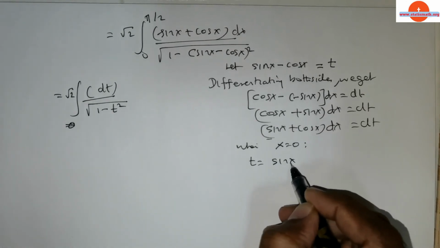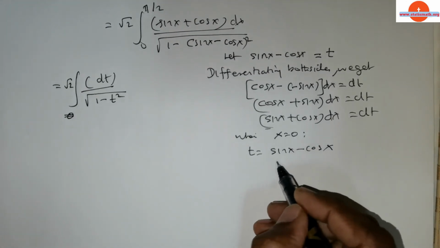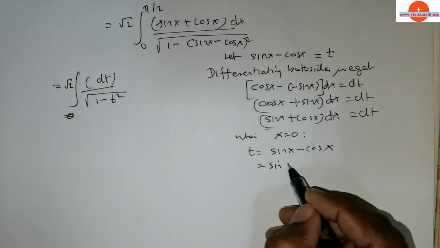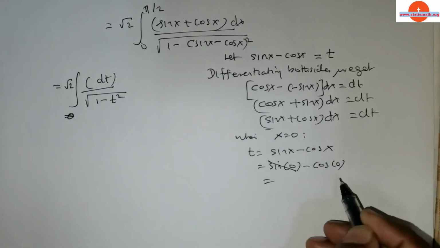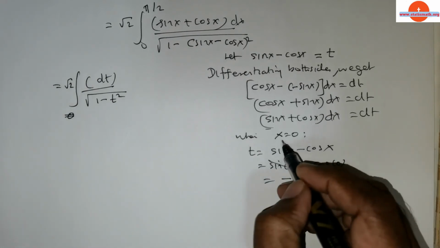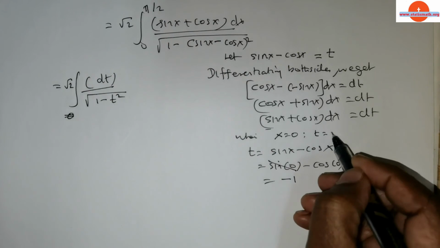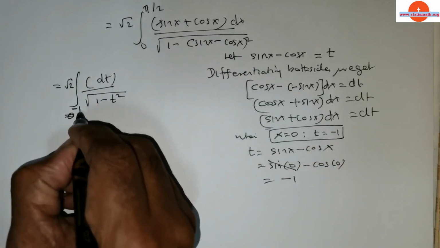T is actually sine x negative cos x, right? So substitute x is equal to 0. That would mean I would now have sine of 0 negative cos of 0. Sine 0 is 0, cos 0 is 1, so that would give me negative 1. When x is equal to 0, the value of t is negative 1. So place that limit, negative 1.